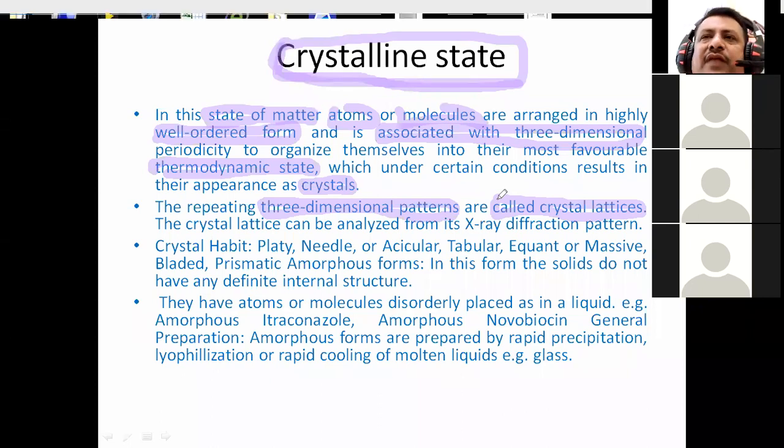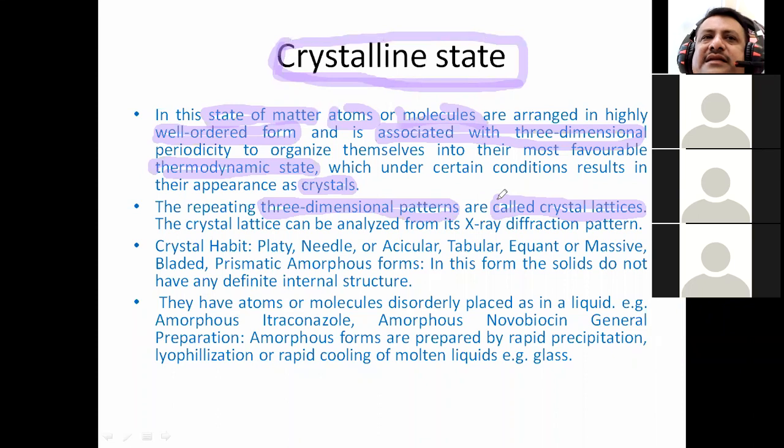And we can analyze this crystal lattice with the help of a technique called X-ray diffraction. X-ray diffraction studies are carried out to see the three-dimensional pattern of the crystal lattice for any type of matter. From this we come to know which type of crystal lattice the matter has.